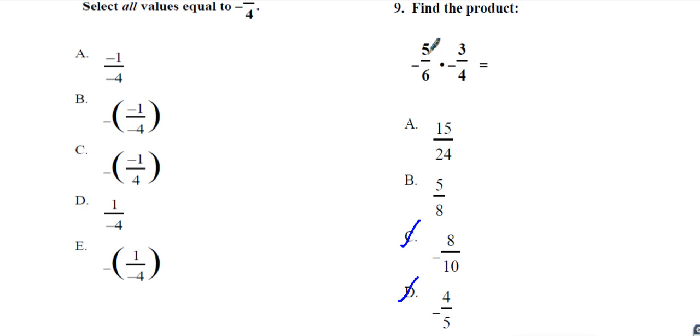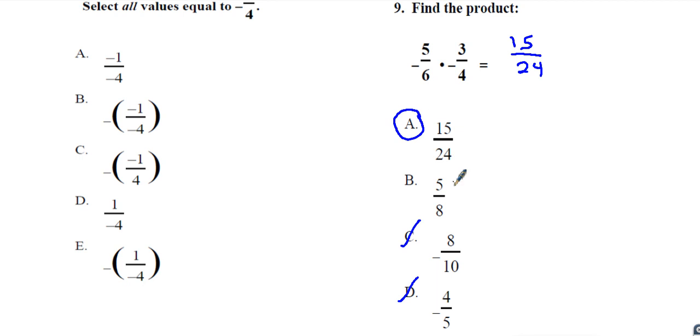So from there, I'm just going to simply multiply straight across. Multiply my numerators. 5 times 3 gives me 15. 6 times 4 gives me 24. Since both fractions are negative, a negative times a negative will give me a +15 over 24. So my final answer is 15 over 24.